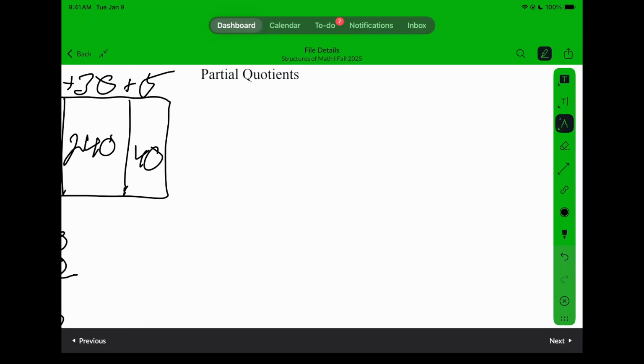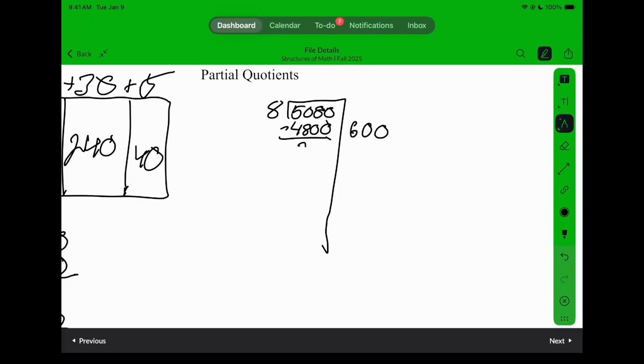And then partial quotients is this one. It's like the long division house. It dips down. Okay, so that would be our 4,800 because that's 8 times 600. Left with our 280.